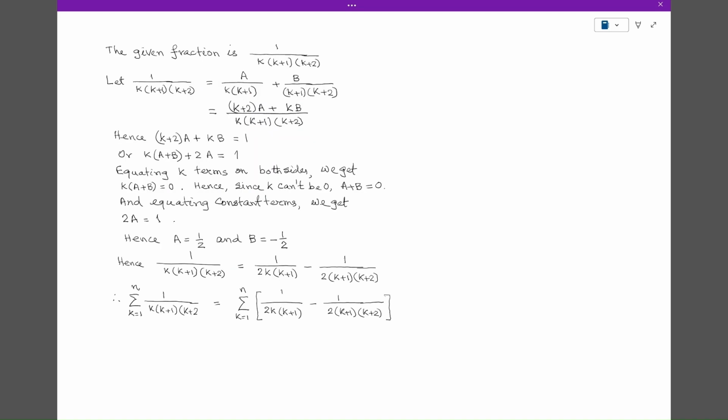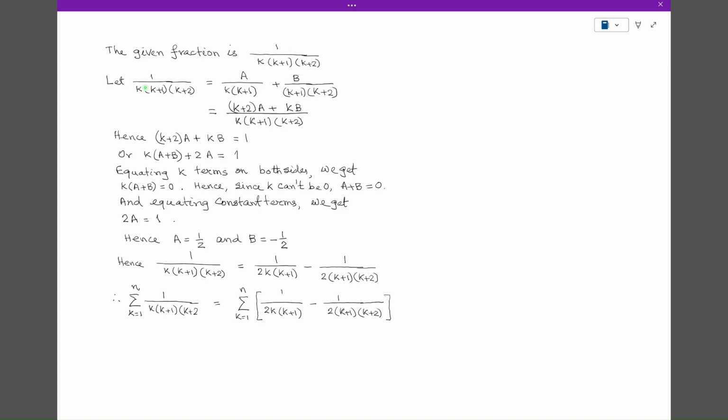The fraction is 1 divided by k multiplied by k plus 1 multiplied by k plus 2. Now, instead of doing three terms as partial fractions a, b, c, let us do it with two terms, that is only a and b.